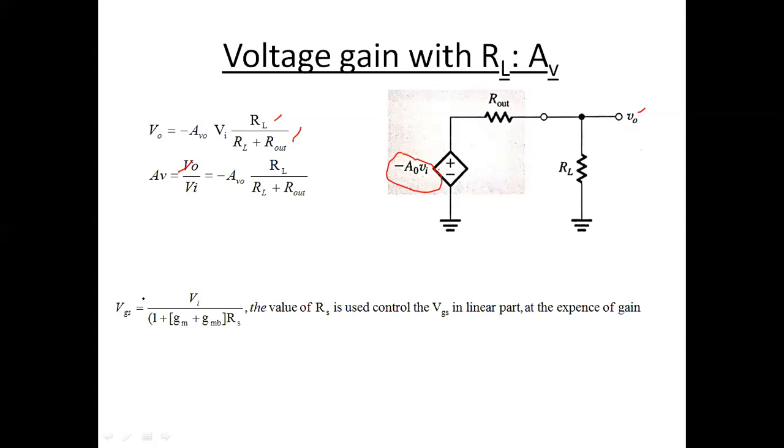Now the voltage between gate and source equals VI divided by the negative feedback factor 1 plus GM plus GMB into RS. RS is always used to keep VGS within the linear range, but it reduces the VGS, at the expense of gain.